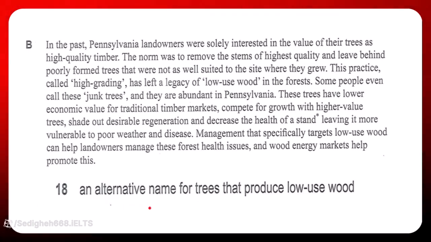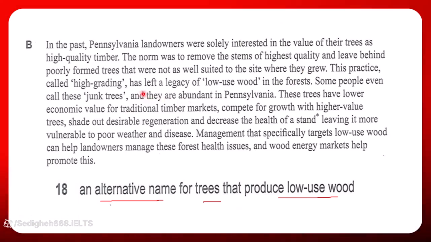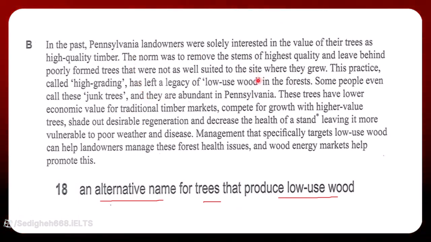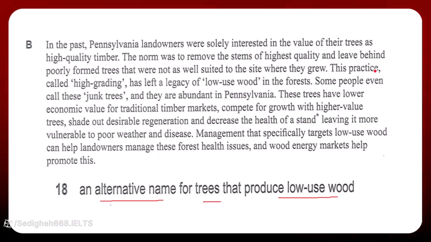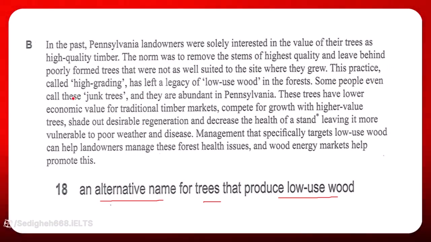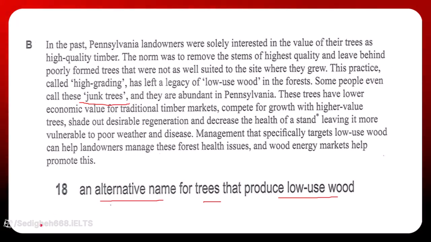And next question: an alternative name for trees that produce low-use wood. The first keyword is alternative name, for trees that produce low-use wood. In this example, we had a chance to read the paragraph before, so we are familiar with it, and we can see here, some people even call these junk trees.